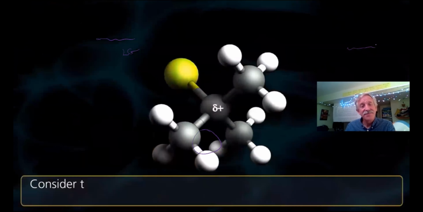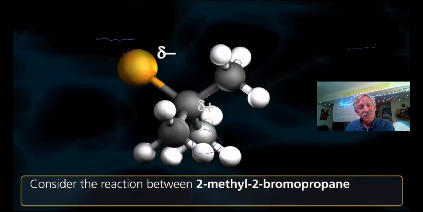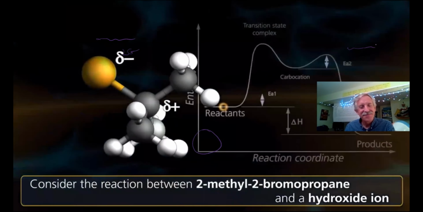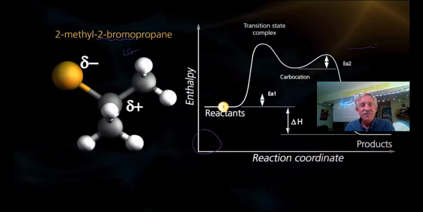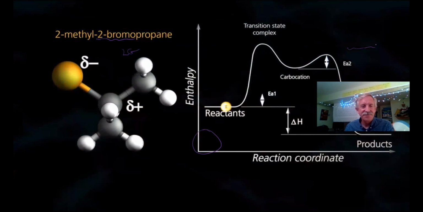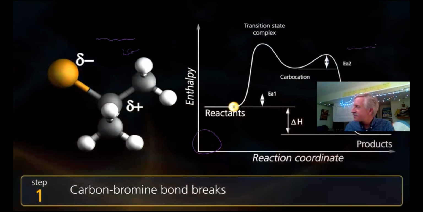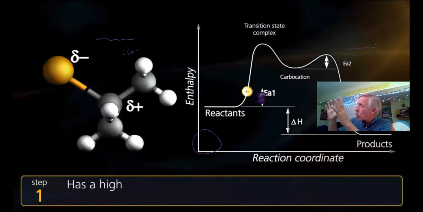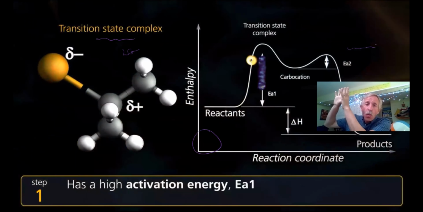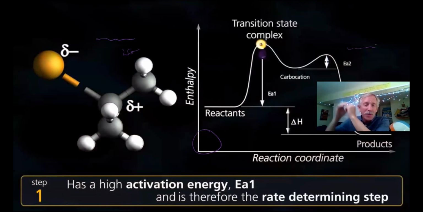Consider the reaction between 2-methyl-2-bromopropane and a hydroxide ion. It has a two-step enthalpy profile. The first step, the heterolytic fission of the carbon-bromine bond, has a high activation energy, EA1, and therefore determines the rate of the reaction.